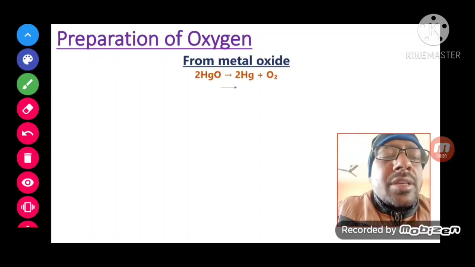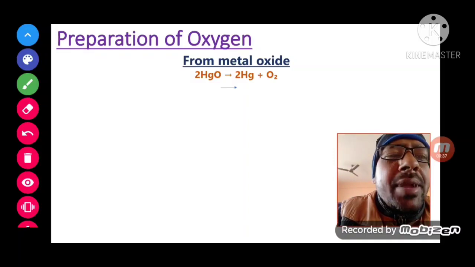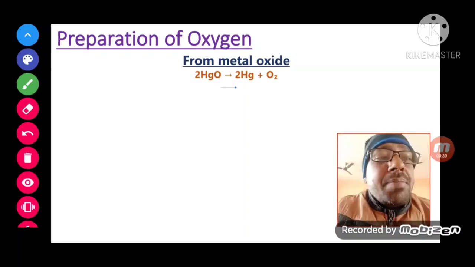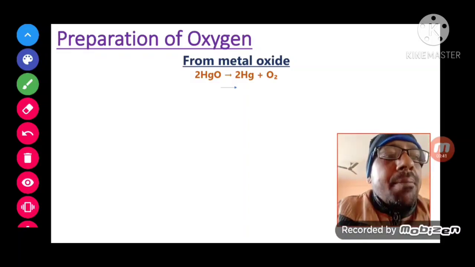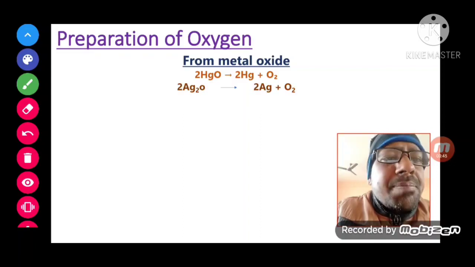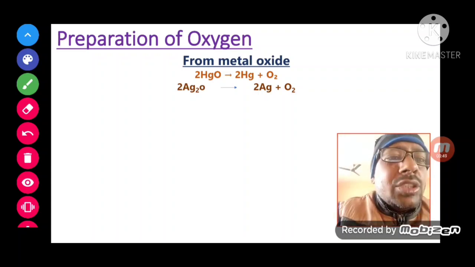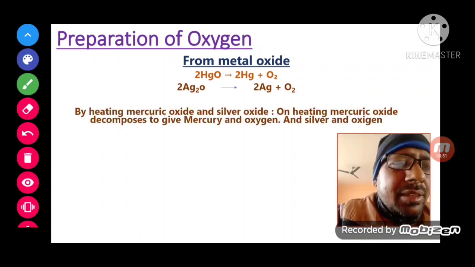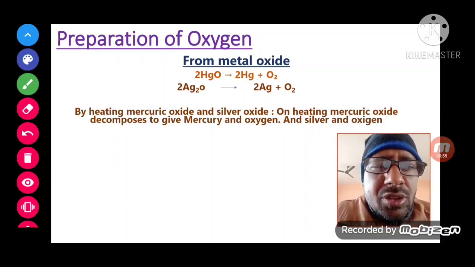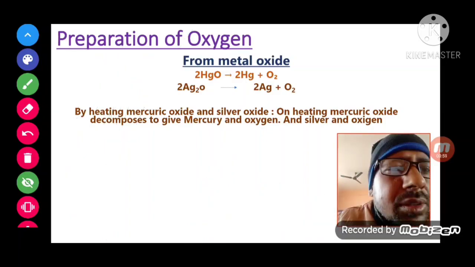The first example I am going to give you. You can see we can prepare oxygen from metal oxide. And what is a metal oxide? Whenever metal combined with oxygen form metal oxide, simple, and on heating metal oxide you will get metal along with the oxygen gas. It is very clear from the examples.